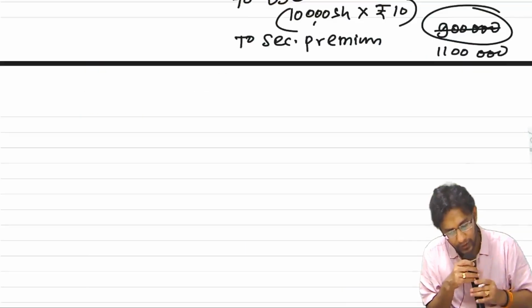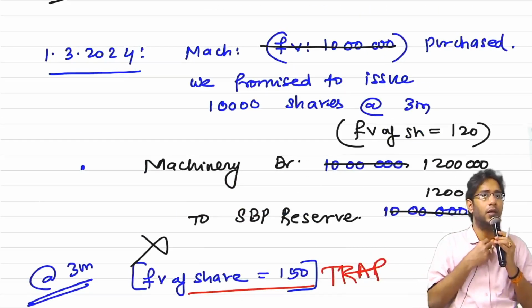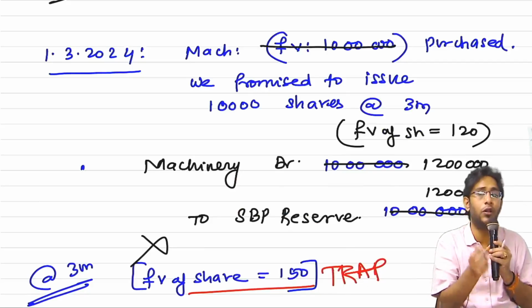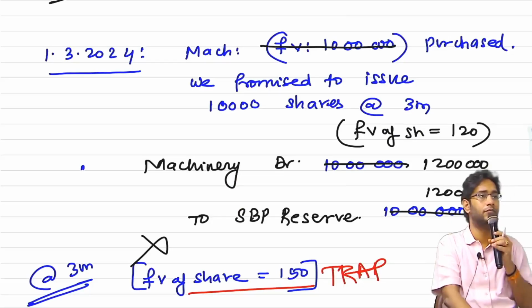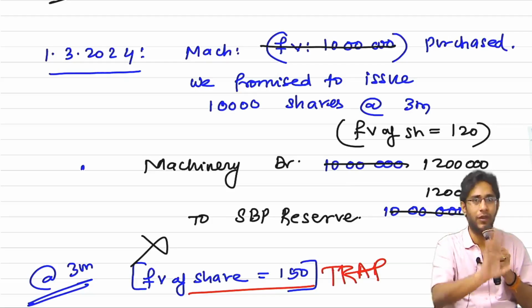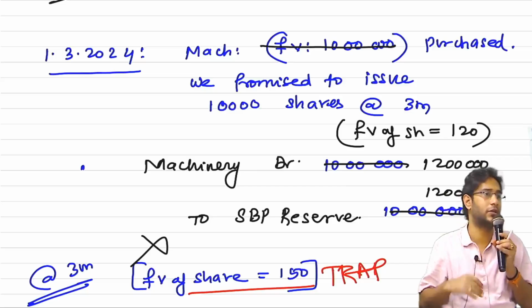Just now we wrote one entry. This is a machinery transaction. In this entry, a fair value is there, no? On which date did you work out the fair value? Whether 10 lakhs or 120 rupees, both are fair values only. On which date should I do the fair value measurement? That is the question.